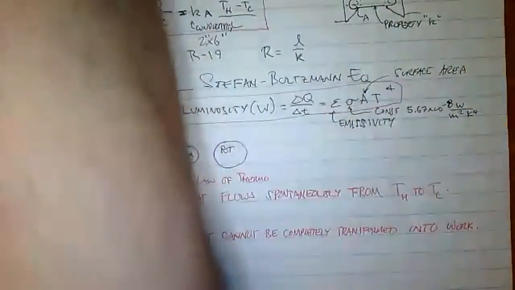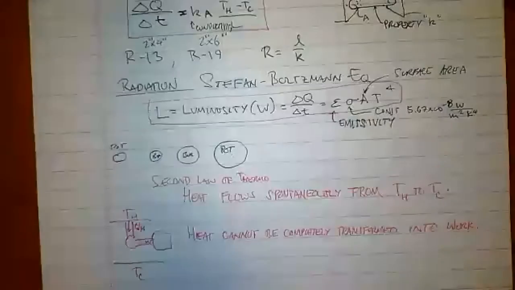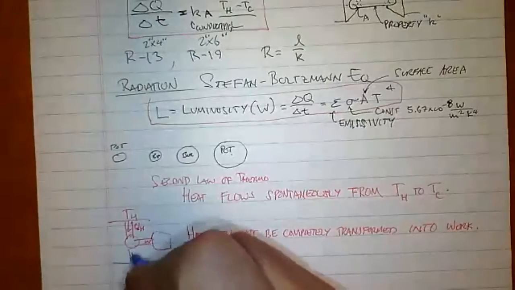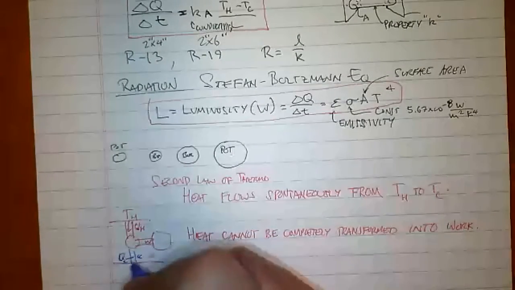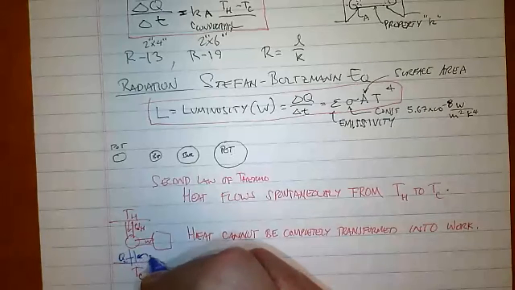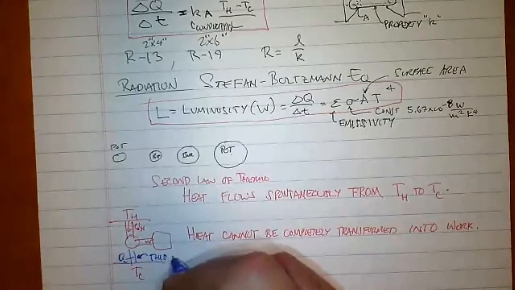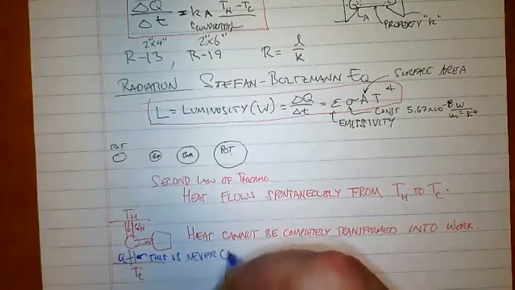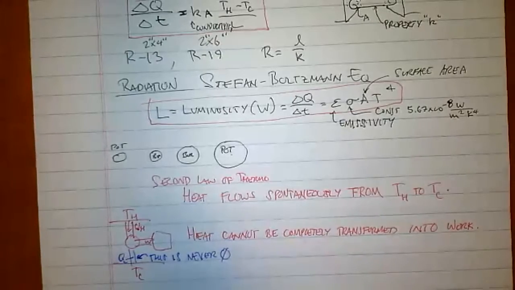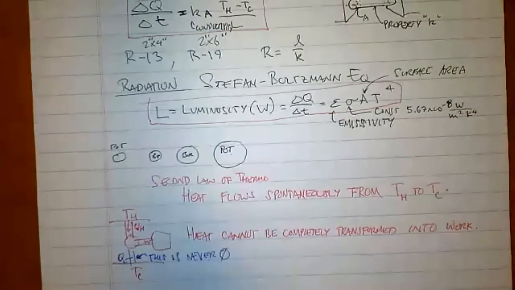You actually have to have this, which is never zero. So that's the Kelvin-Planck statement.